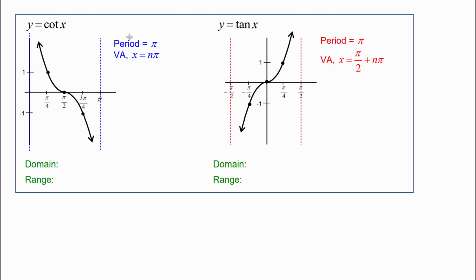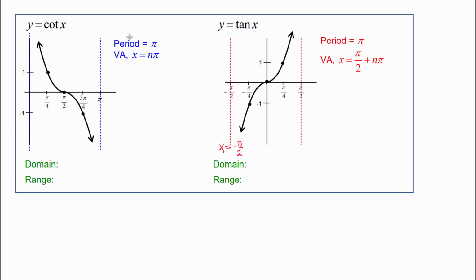Next, let's take a look at the y equals tangent x graph. Unlike the sine and cosine graphs, the tangent graph has a period of pi. So one whole cycle of tangent x goes from negative pi over 2 to pi over 2. The 5 key values include 2 asymptotes, so those are not values that are on your graph. You have the first vertical asymptote, x equals negative pi over 2.